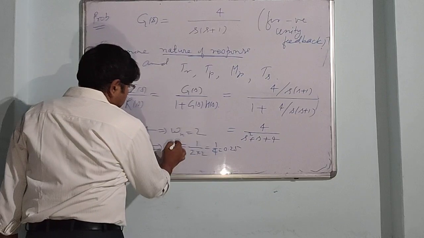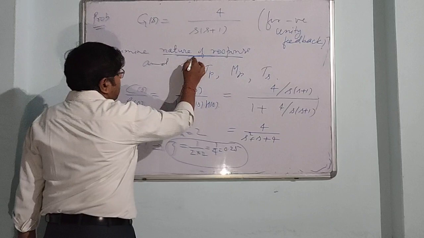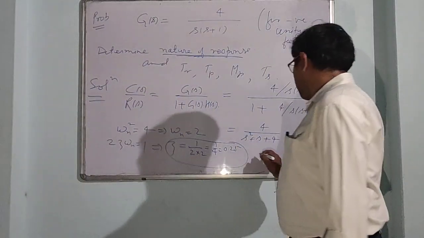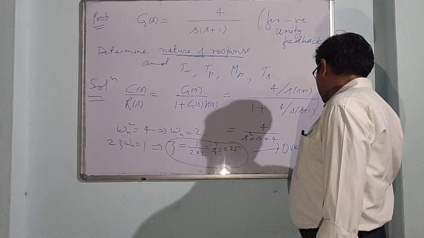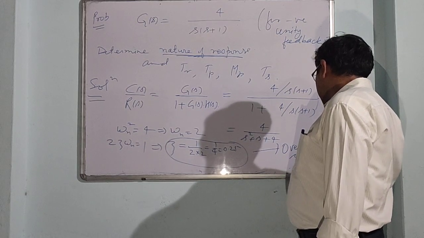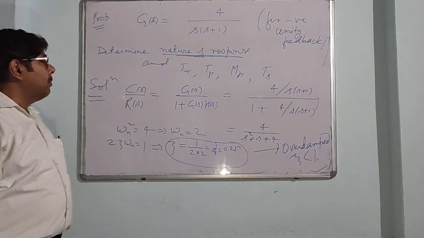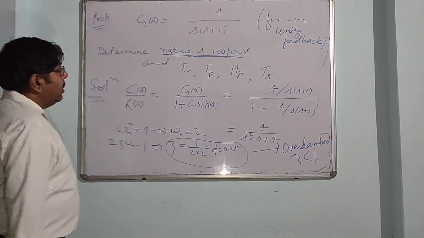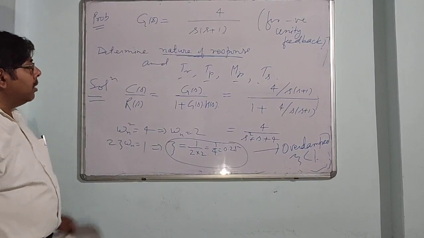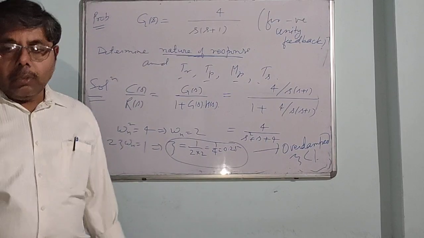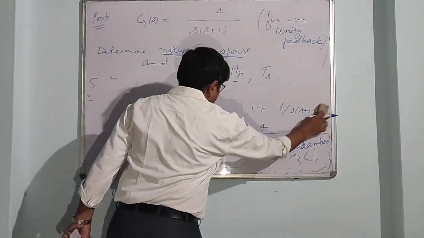So the nature of response is underdamped, since the value of zeta is less than 1. And we can calculate all these values by simply using expressions: rise time, peak time, overshoot, and settling time.